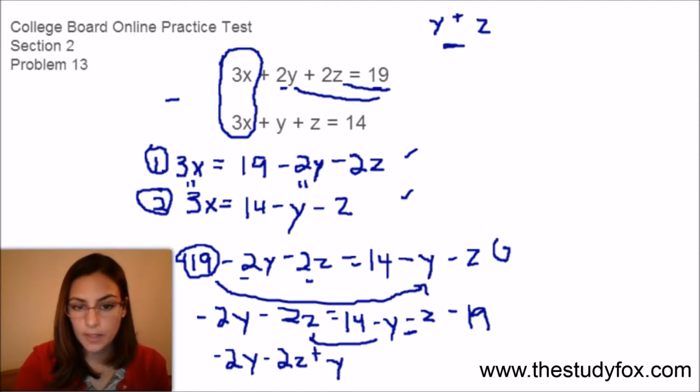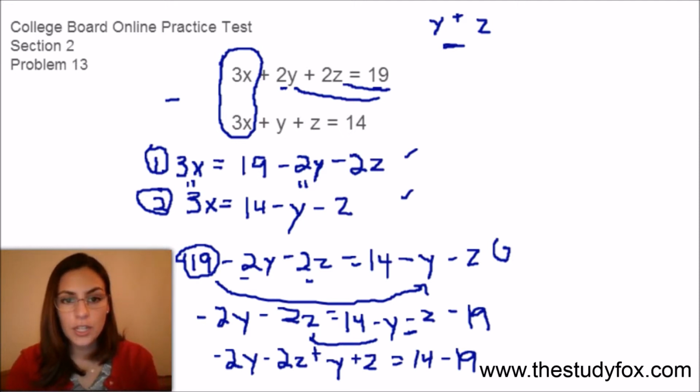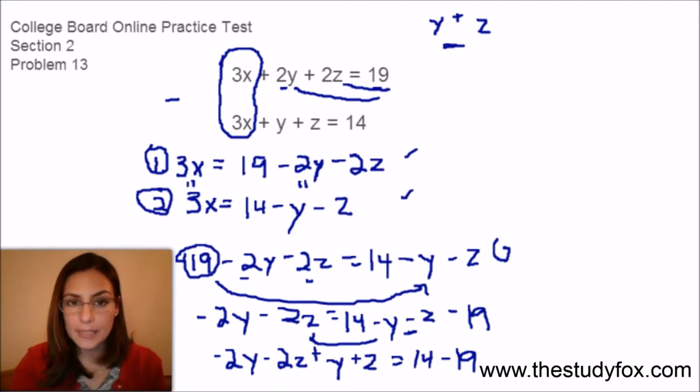So plus y plus z equals 14 minus 19. Okay, so all we did is we brought our negative y and our negative z from the right side of the equation to the left by adding y and z to both sides.